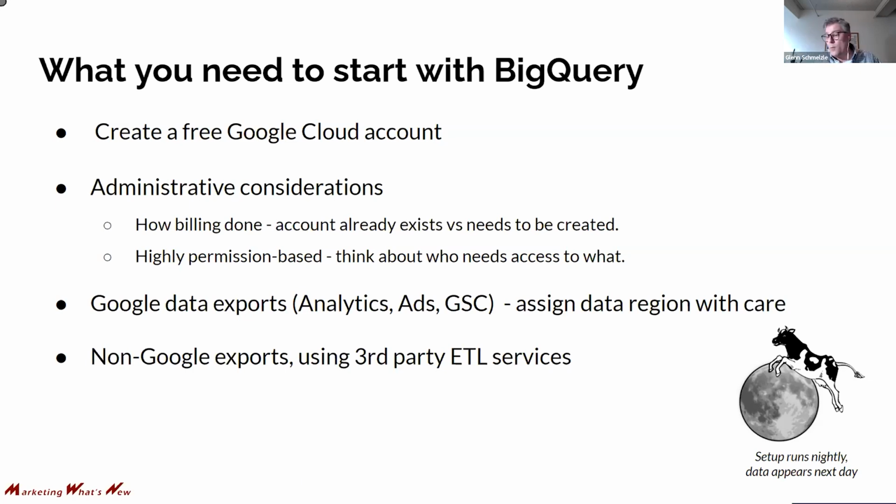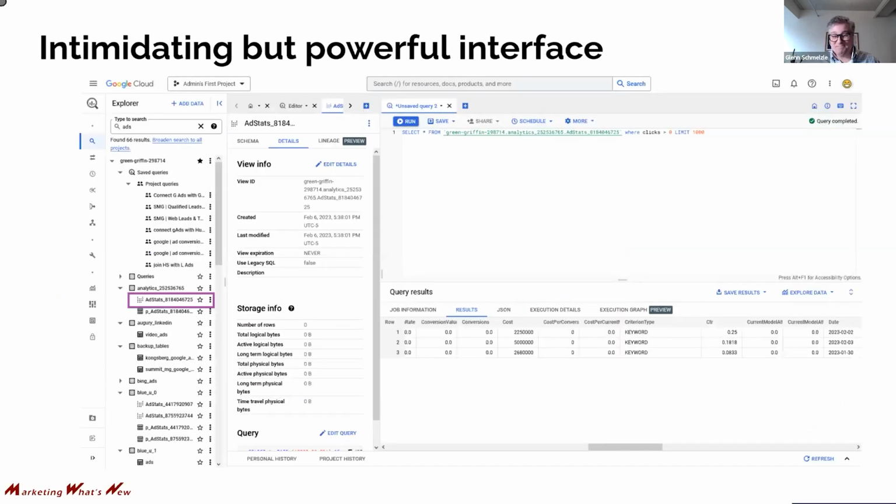So what do we get once we're in there? Well, I wanted to show you a screen grab, and this may be underwhelming for some, but this is their setup within the BigQuery section of Google Cloud. I'll just navigate it for you. We start over on the left-hand side. We are looking at a whole slew of data sources that we have.